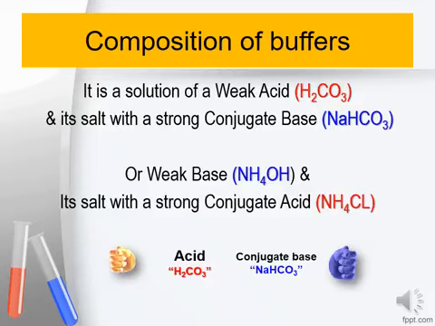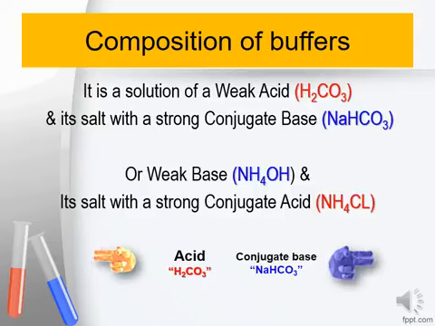What is the composition of this buffer? How can a buffer resist pH change? A buffer is composed of either a weak acid like carbonic acid and its salt with a strong conjugate base, which is sodium bicarbonate, or it is formed of a weak base with the salt of its strong conjugate acid.